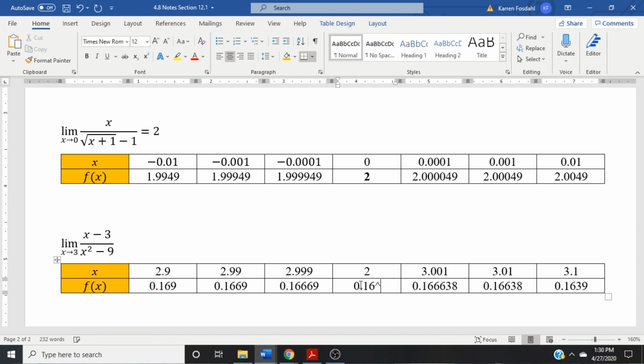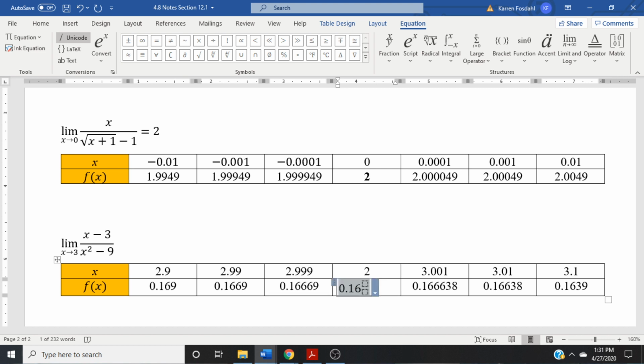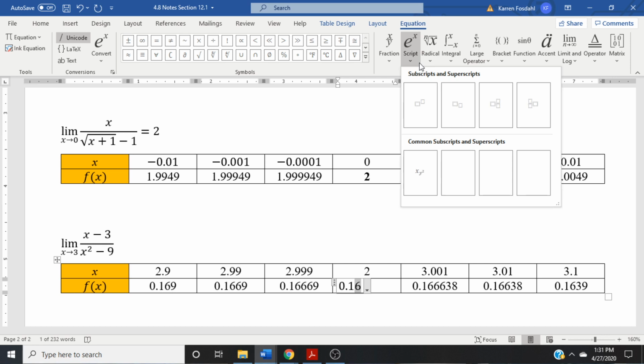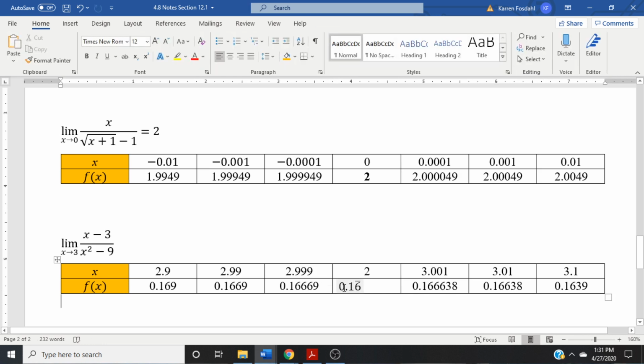Let's see if this works. 0.16, 160. Got it.